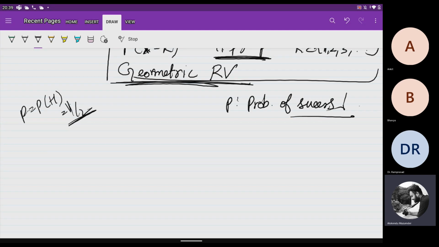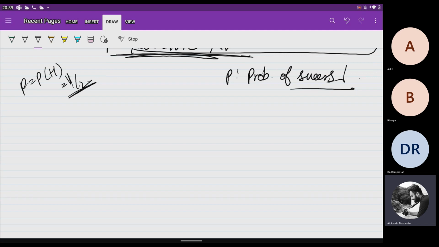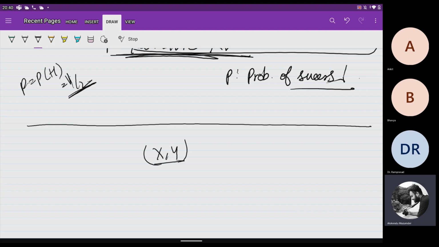So we'll quickly define joint density. Let's say now I have two random variables with me, the tuple x comma y.